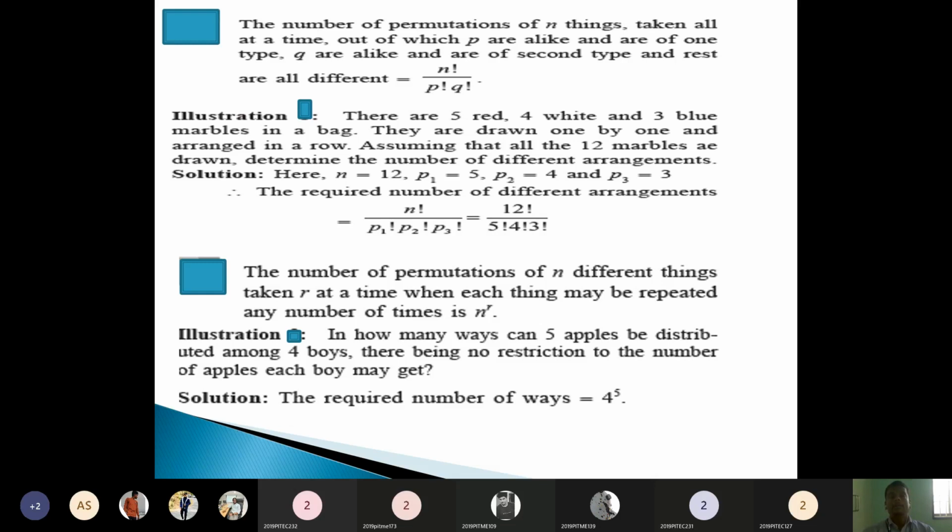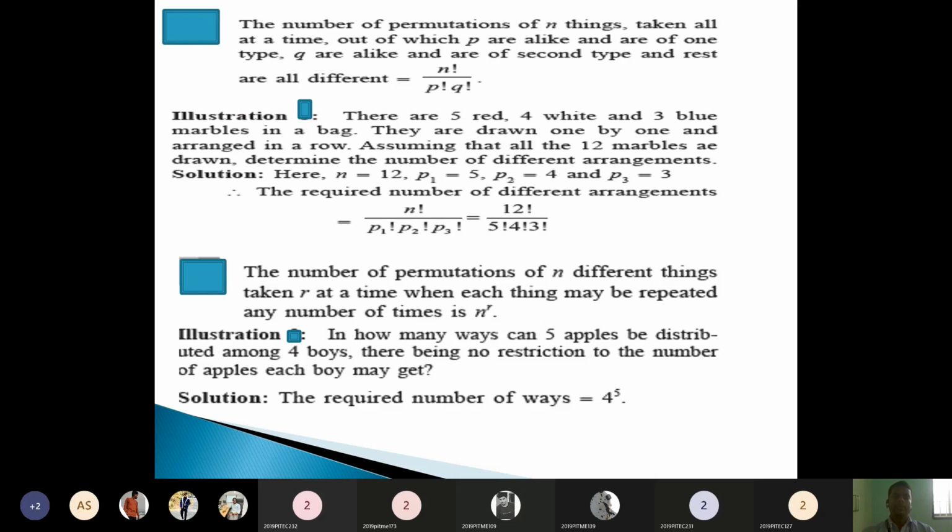Assuming that all the 12 marbles are drawn, determine the number of different arrangements. In total we have 5 plus 4 plus 3, so that is 12 marbles. Take them like balls of different colors: red, white, and blue.